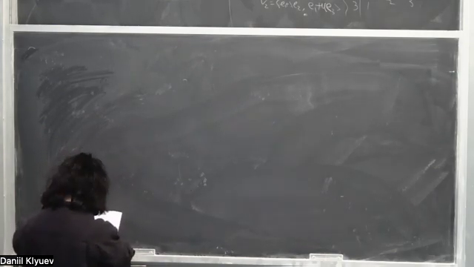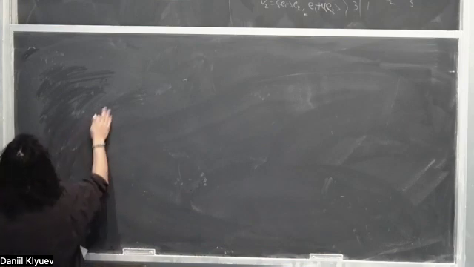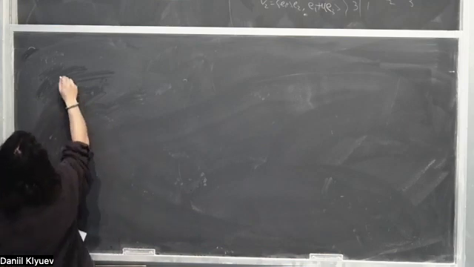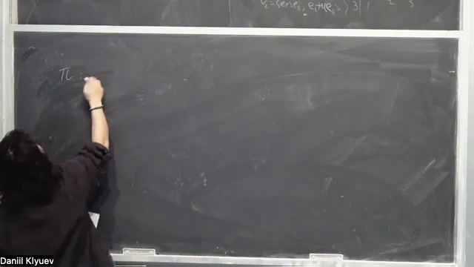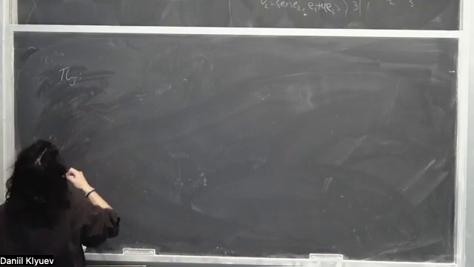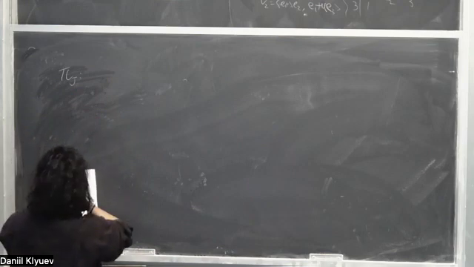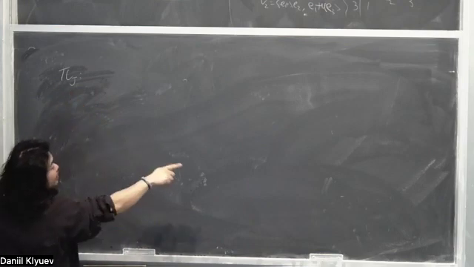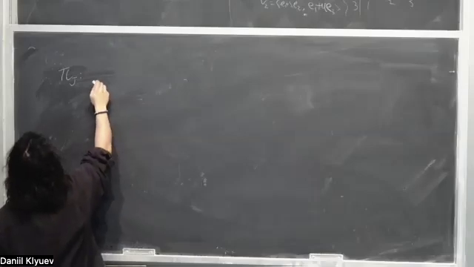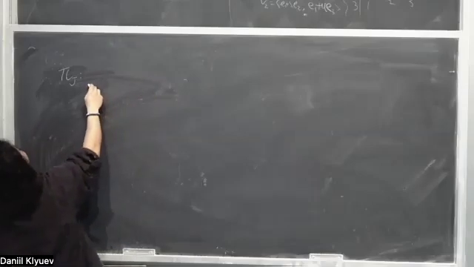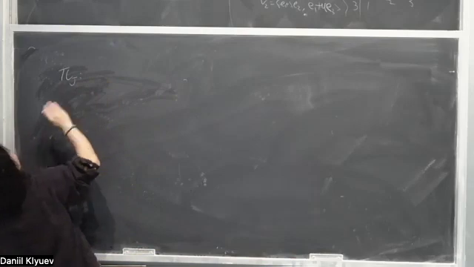Okay, so we have this map pi. Maybe I should say pi j when you fix some j as a subset of the simple reflections.